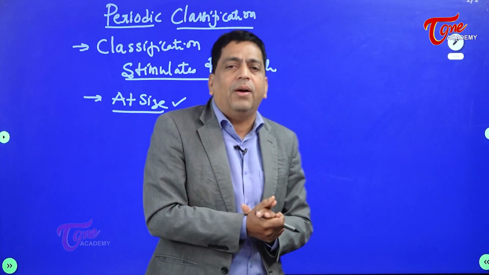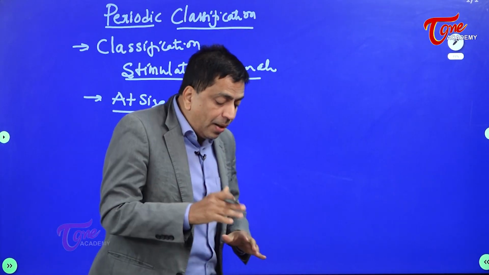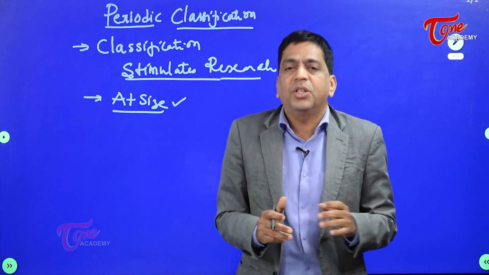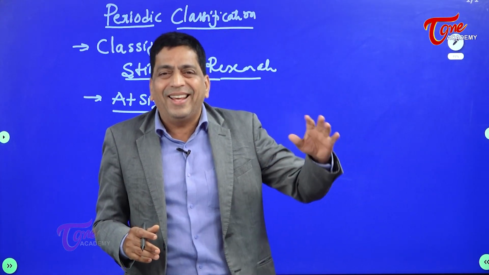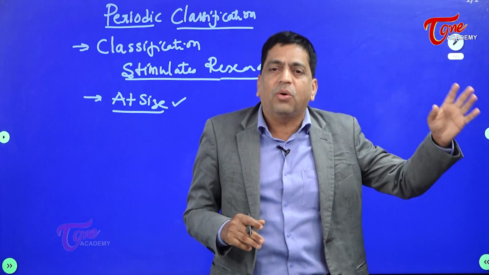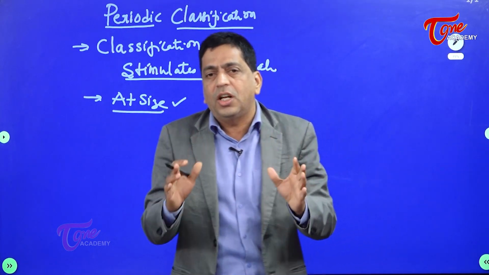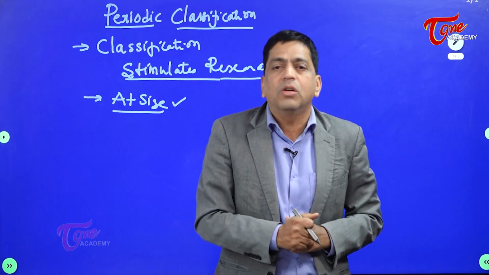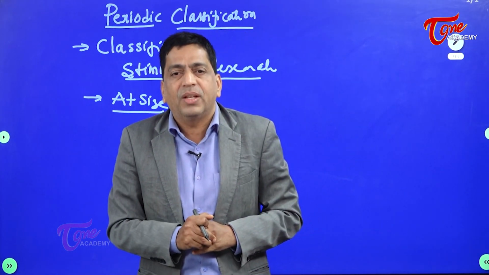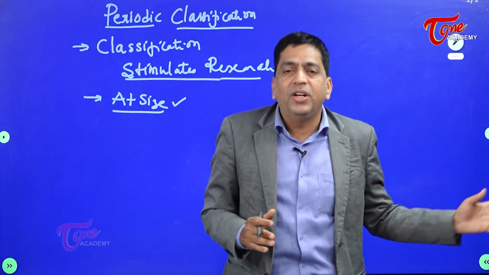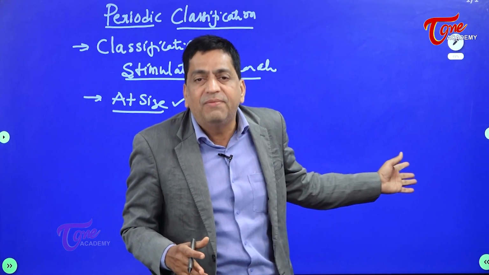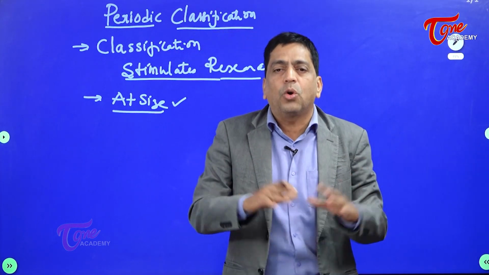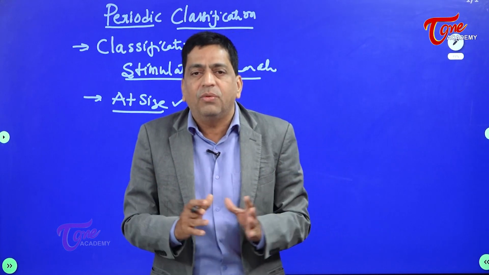Before that, I would like to say, now that I'm starting this chapter, you must understand that I am not getting into the older forms of the periodic table. I'm just sticking to the modern periodic table, which is essential for you to write the exam. I'm not getting into Dobereiner's triads. I'm not getting into Mendeleev's classification. These are obsolete now.